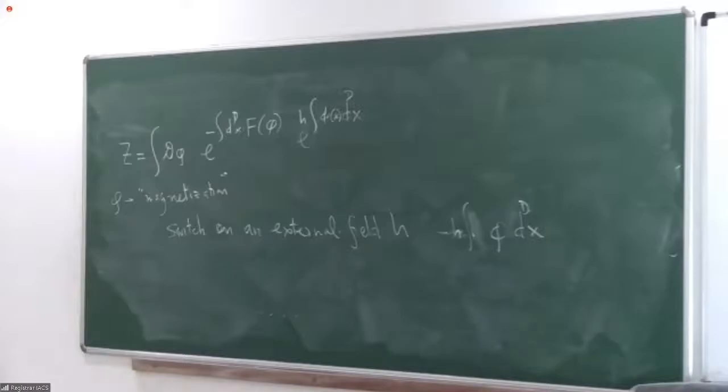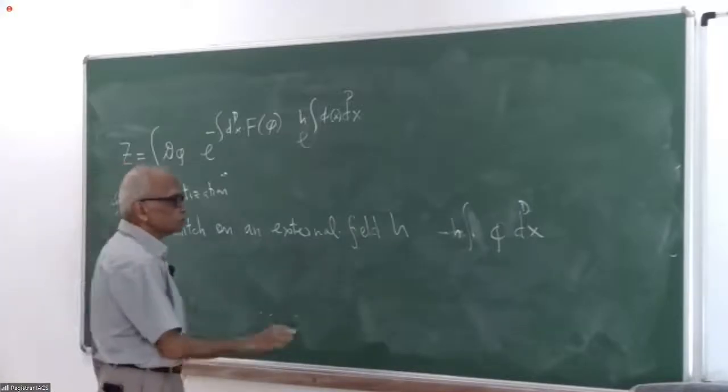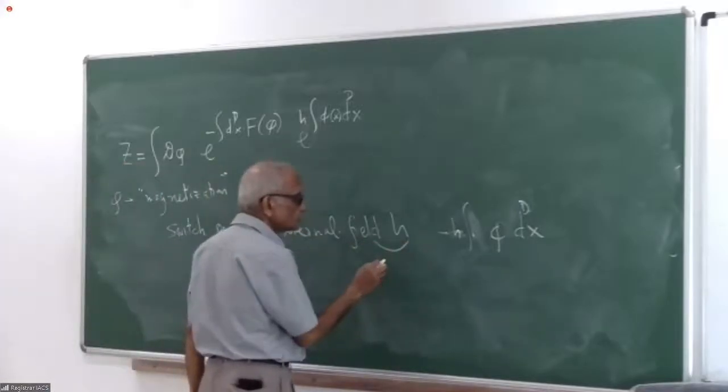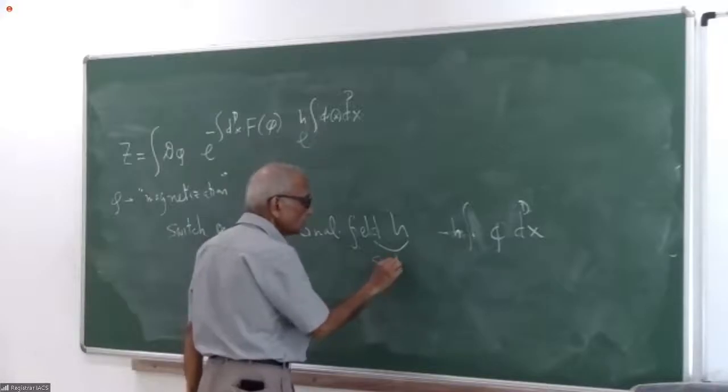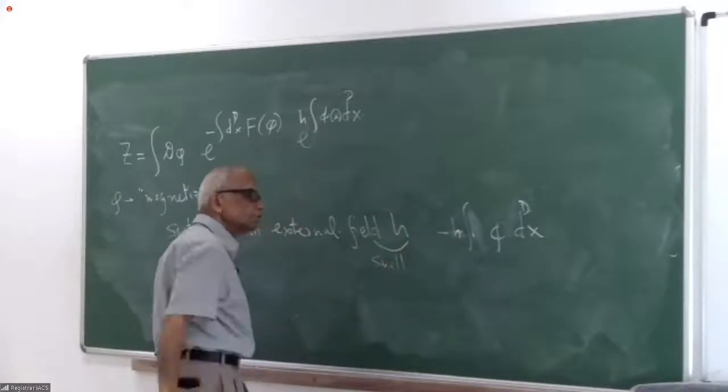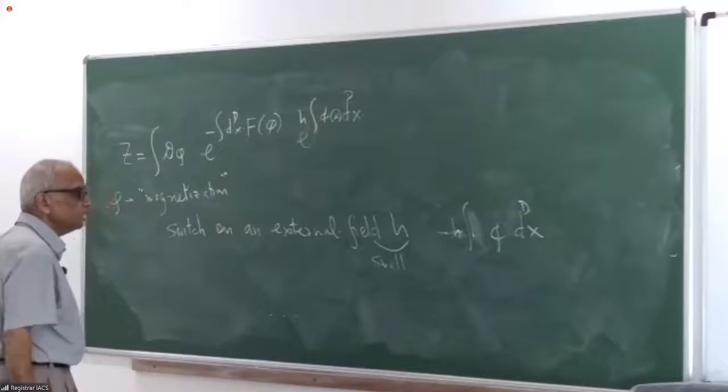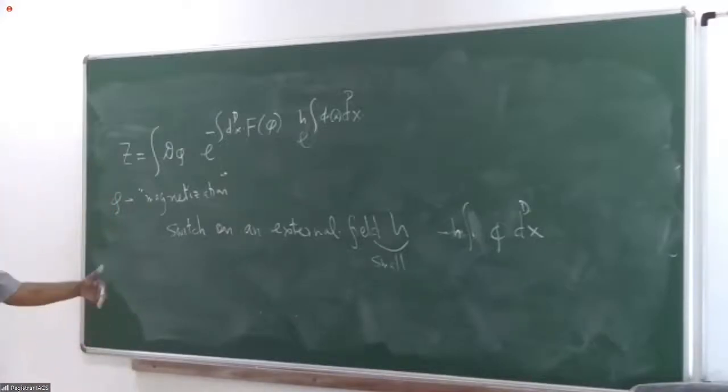So it is coupled to a small external field, small so that only the lowest power of h can be of any relevance. And at the end of the story, we will take the limit of h going to 0.